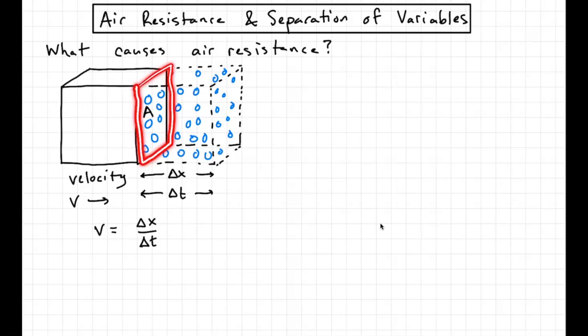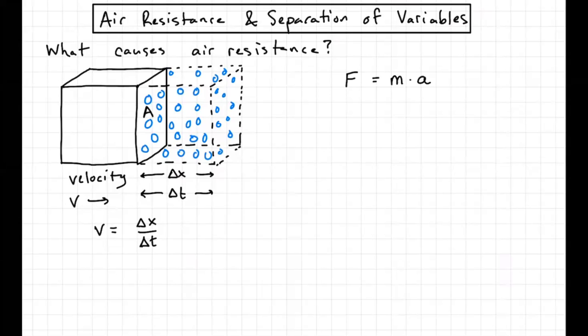Okay, so let's try to understand what's going on here. So let's consider the force that's acting on these air molecules. If I wanted to understand how that worked, I would say that the force on the air molecules is equal to their mass times their acceleration. The force is what we're trying to quantify.